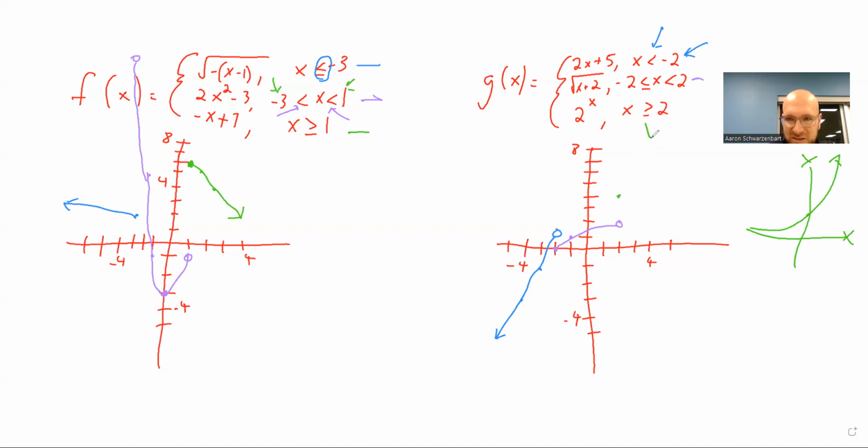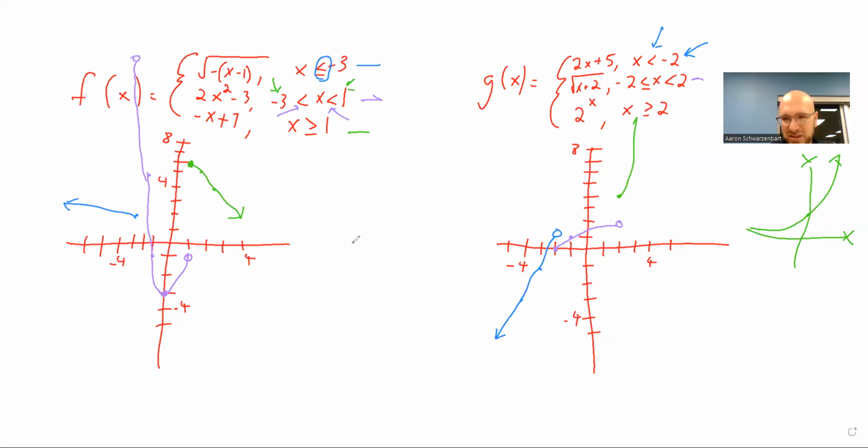This is a closed circle because of the or equal. And it looks, going up. Probably should show a little bit more curve to that. Oops. And I erased too much. There we go. Okay, so there's my graph.